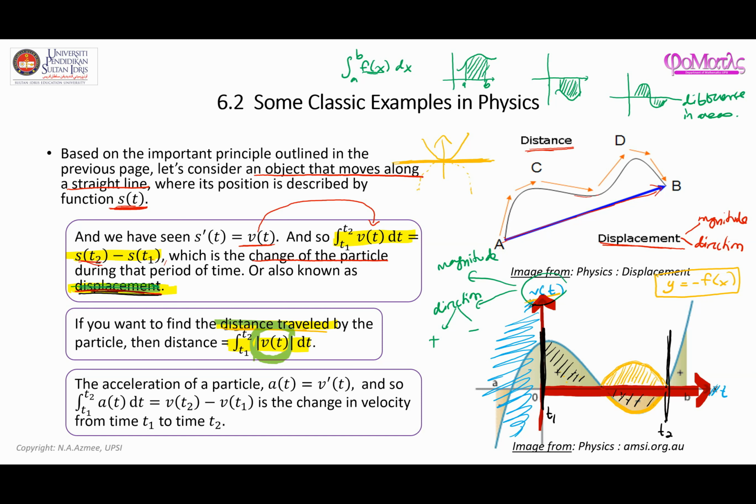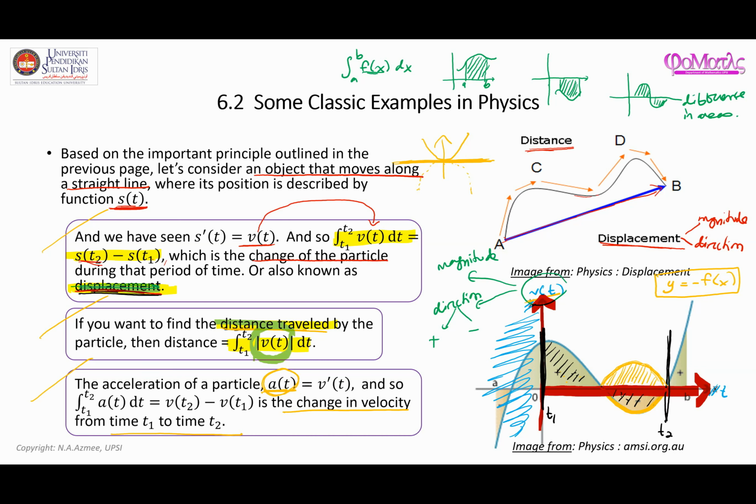So that's the second problem. We have seen the first problem, which is to find the displacement, and the second problem, which is to find the distance traveled. Next, you might be interested in finding the change in velocity from time t1 to t2, and that requires the use of a(t), the acceleration of a particle.